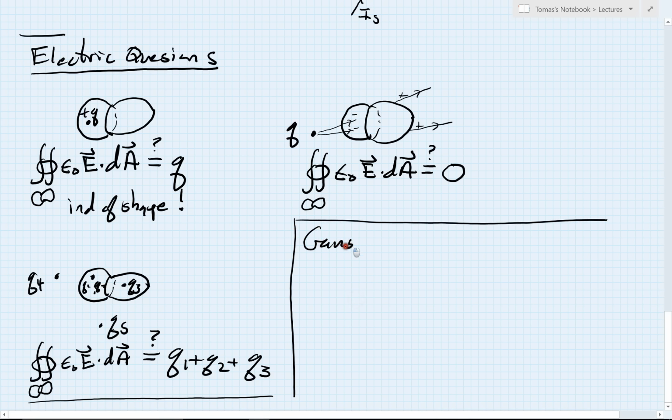Gauss's law says the following, and this is how it is usually written. Gauss's law says that if I were to integrate the electric field around any closed surface, E·dA, and I'll just draw some strange, peanut-shaped surface here, but it's any surface, of course, that it works for.